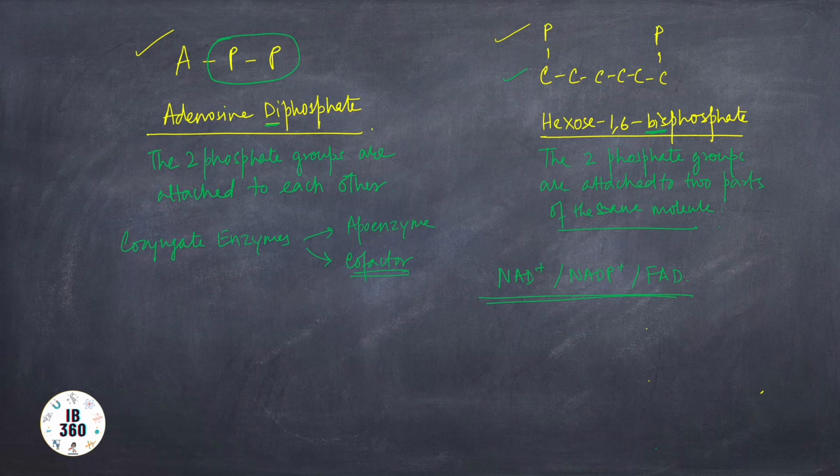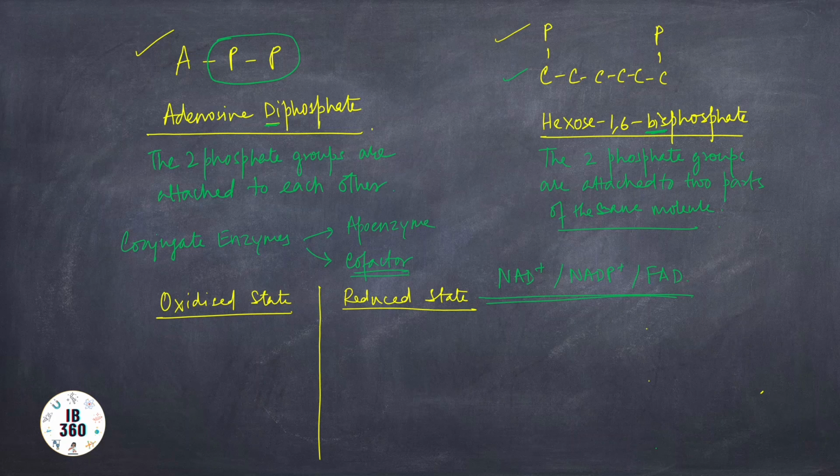Three of these are used. We will talk about their oxidized and their reduced states. We all know that oxidation is loss of electrons and reduction is gain of electrons, as in OIL RIG. NAD+ has a positive charge on it, that means it is electron deficient.